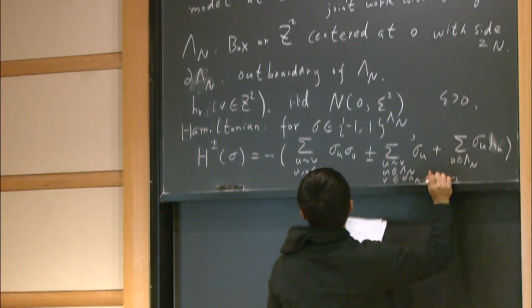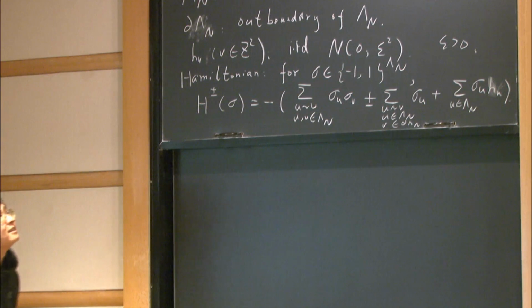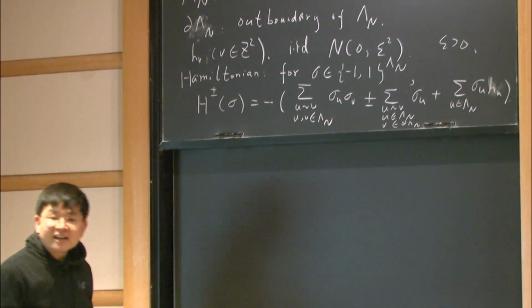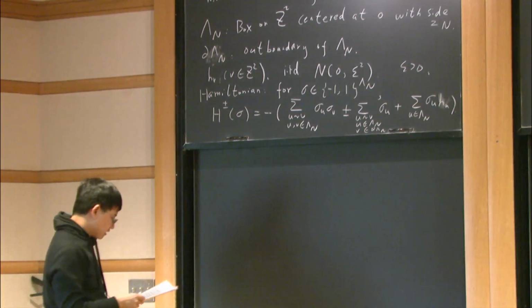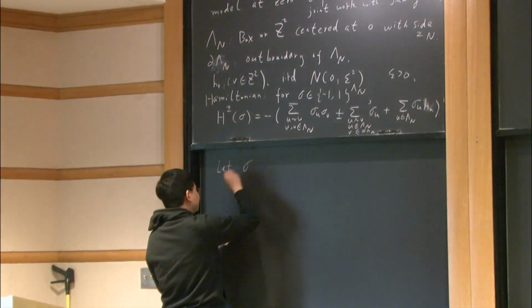So this is the Hamiltonian, and with this Hamiltonian you can consider any non-negative temperature and define an Ising measure. But the main focus for today is going to be just zero temperature. For this purpose, for the measure we just need to consider the ground state.